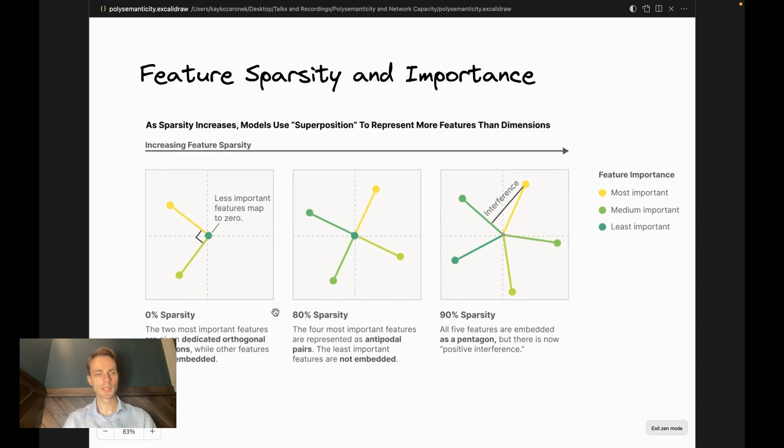What we can see here is that if feature sparsity is low, we will only represent the most important features, and all the other less important features will map to 0. Then, as we increase sparsity, our model will choose to embed more of the non-important features. And finally, at very high sparsity, the model will try to fit all of the features into the space at the cost of interference.